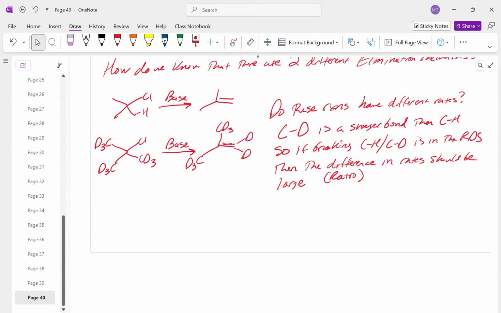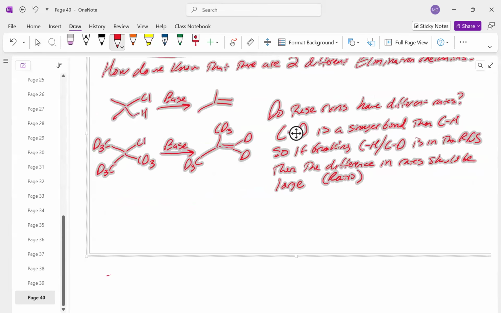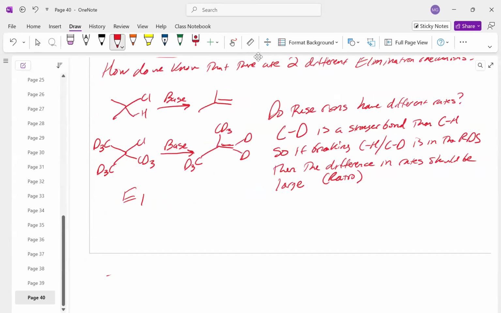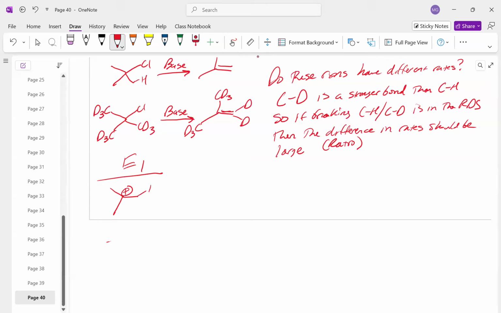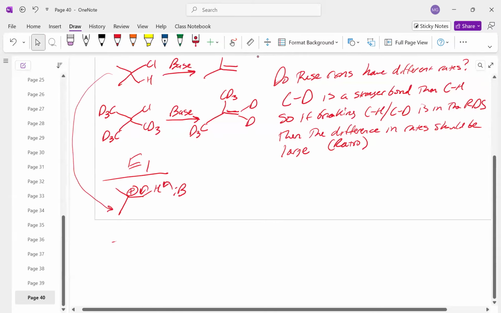Now, here's how scientists figured this out. If we compare what E1 looks like. So in E1, the rate determining step involved forming a carbocation. And then the base would pull off the hydrogen after that. So we have a rate determining step.